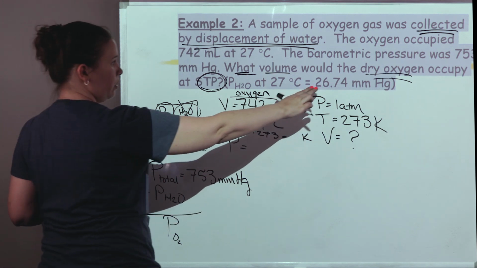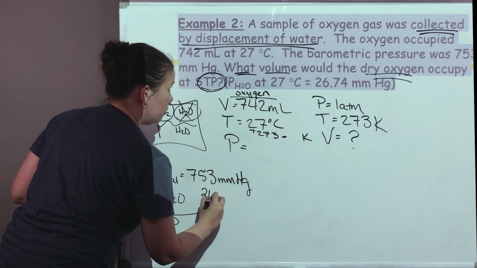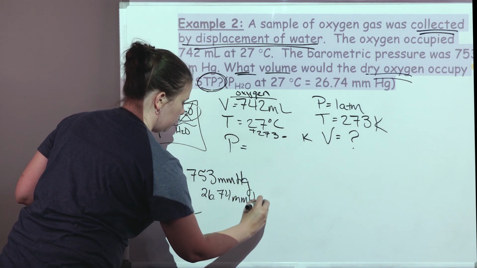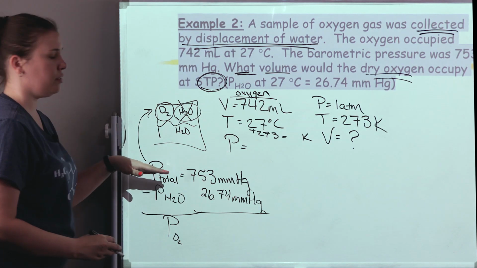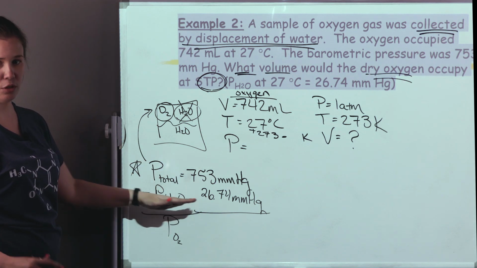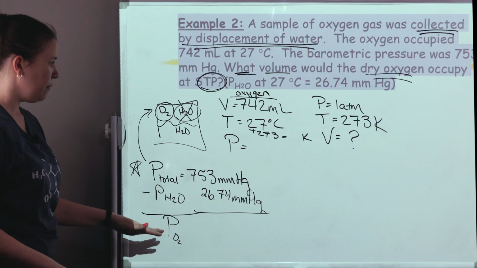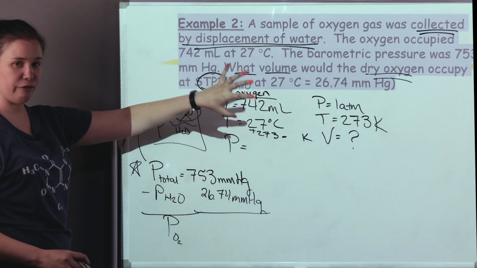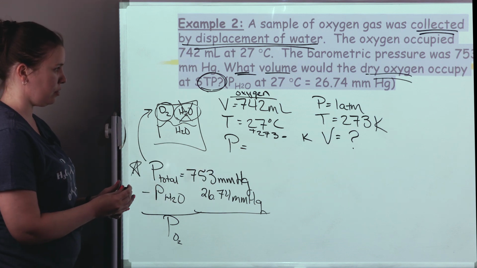So the pressure of the water is 26.74 millimeters of mercury. If we subtract out the water pressure from the barometric or atmospheric pressure, we can get the oxygen pressure. That's going to then allow us to plug that number in for the first situation in the combined gas law.